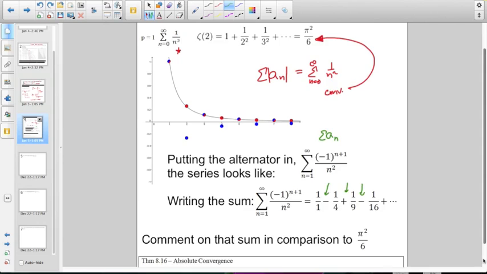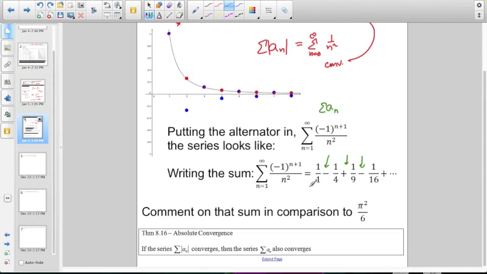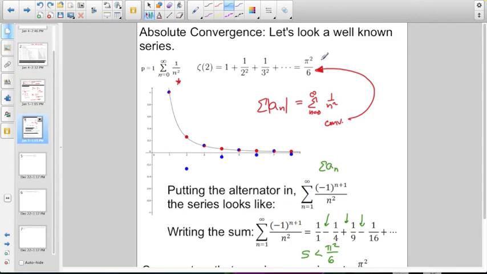If I give you a second to think about that, you're going to come to the conclusion that the sum of this series is going to be less than pi squared over 6. Because we're subtracting off values, and we're not just adding values like we were up here. Since we're subtracting off some of the value, we're going to come to a series that is less than pi squared over 6.